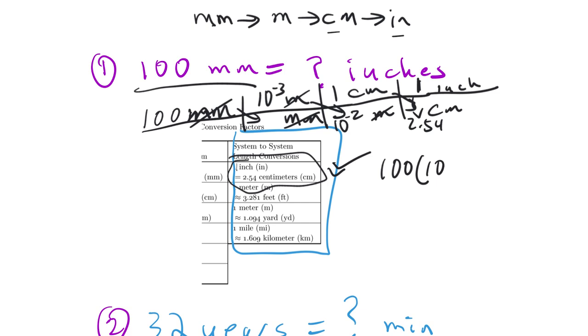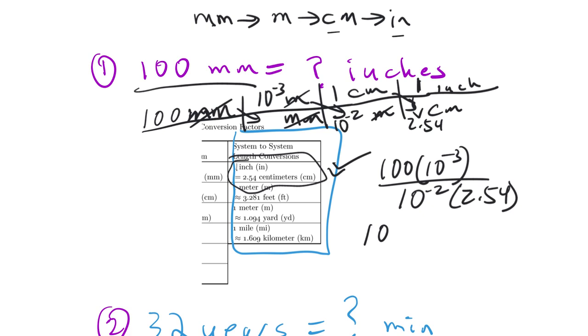So I would do 100 times 10 to the negative 3 times 1 times 1 divided by 10 to the negative 2 divided by 2.54. Now, you can all do this on your calculator.